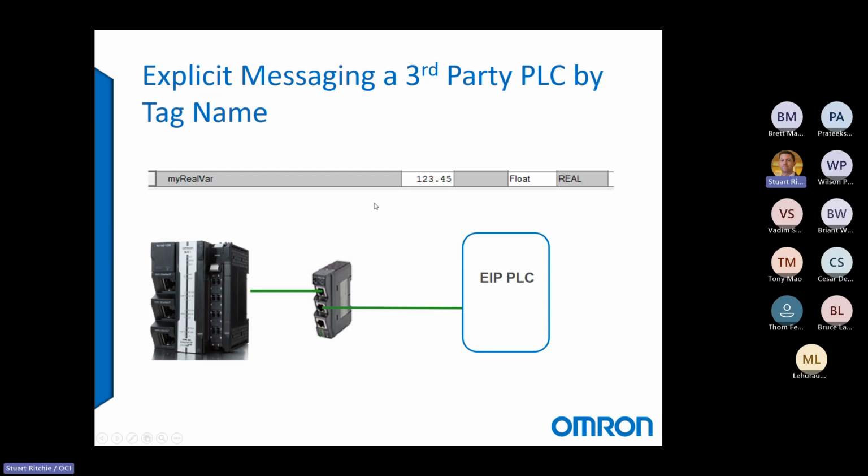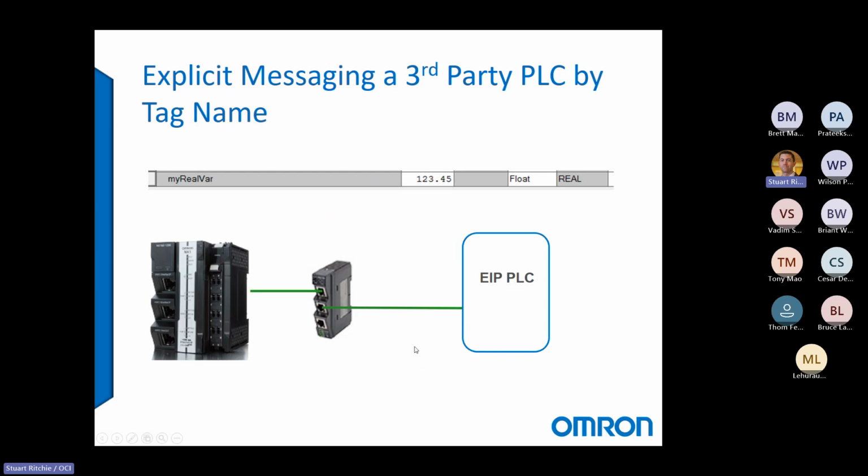Now, there are a couple different ways we can do explicit messaging. I mentioned the class, instance, attribute type explicit messaging. This is something you commonly see in adapter class devices, of which a VFD would be a good example. These have address values, but when we're dealing with a scanner to a scanner class device, which is generally a PLC to a PLC, it could be a PLC to a robot controller, they support something commonly known as tag-based explicit messaging.